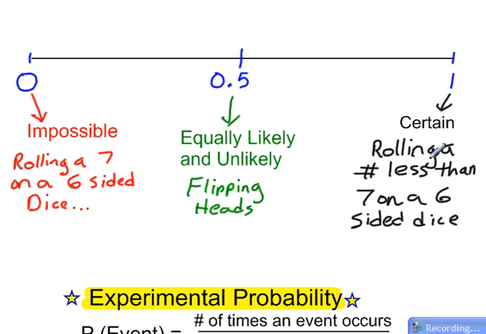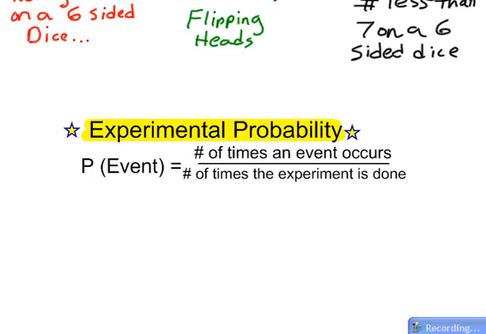So therefore, if you roll the dice, you're definitely going to roll a number less than 7. So you are certain to get it, 100% probability on that example. So it would be 100% chance of rolling a number less than 7. Okay? All right, that's a good way to look at it with a number line.